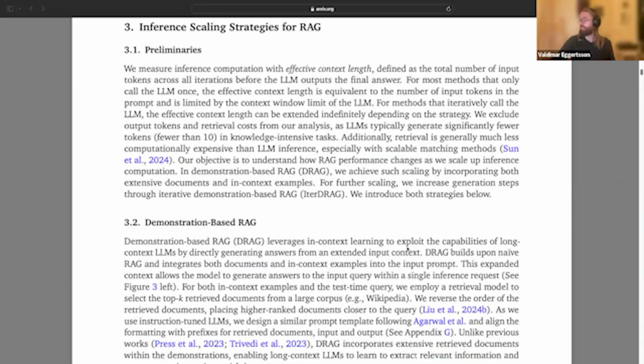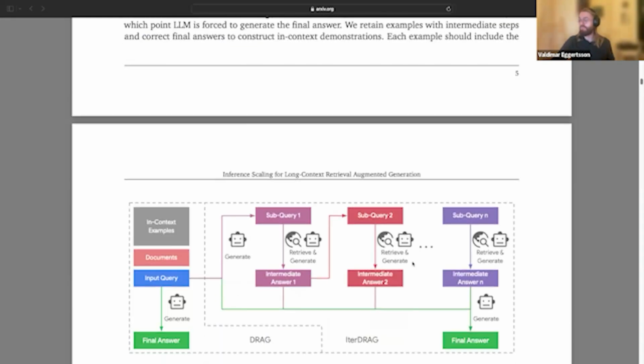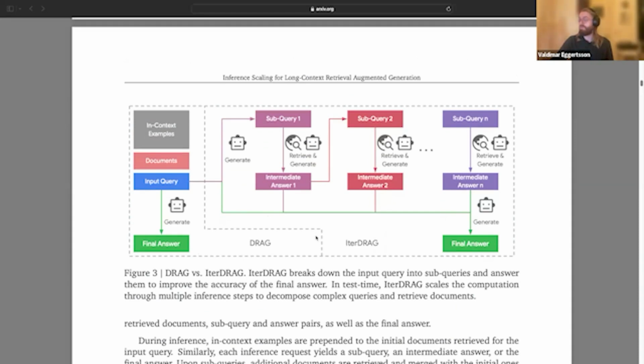I think we can just look at the picture to understand this. There's a lot of text here, but it's quite simple. This is DRAG versus iterDRAG. And RAG is kind of like a simpler version where you have an input query, asking a question: who wrote The Return of the King?